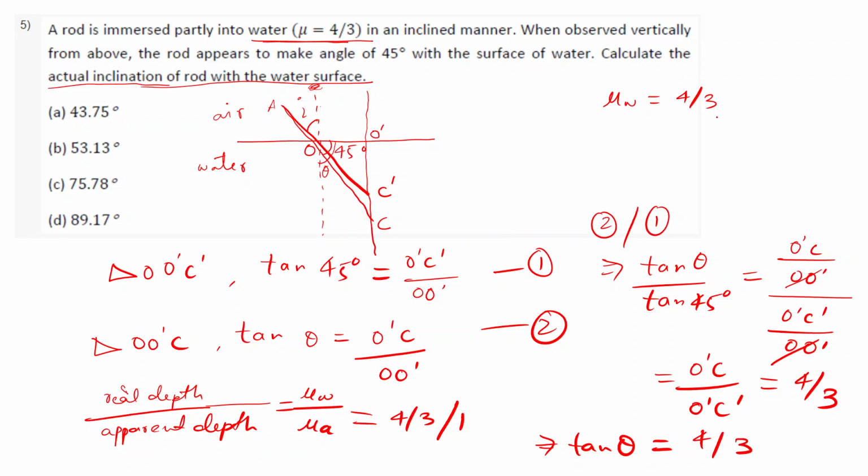Now theta will be tan inverse 4 by 3, which will be 53.130 degrees. So the actual angle will be 53.130 degrees, and the apparent angle that we were seeing was 45 degrees. This is the correct answer, B.